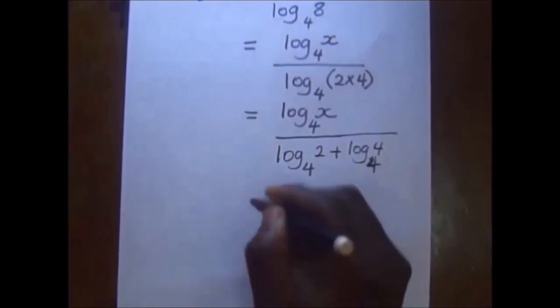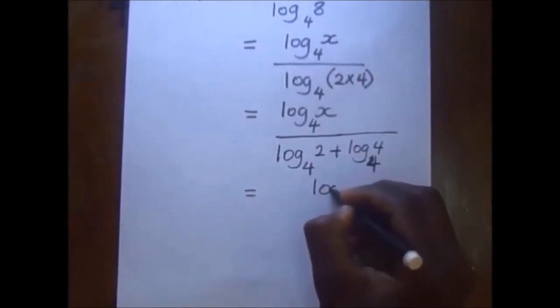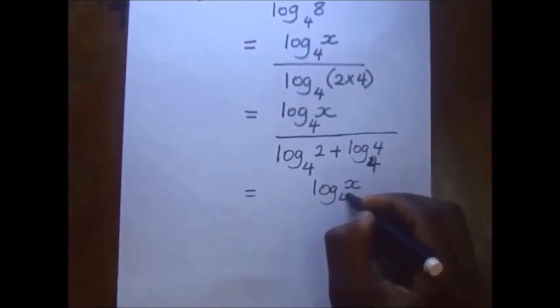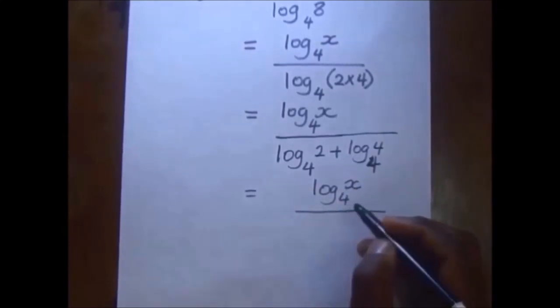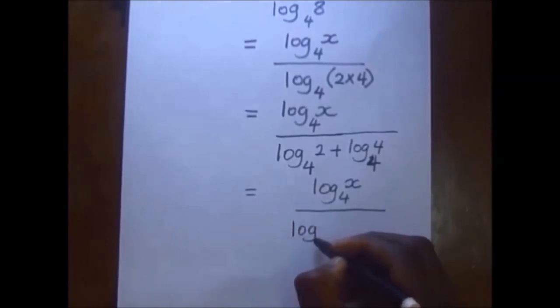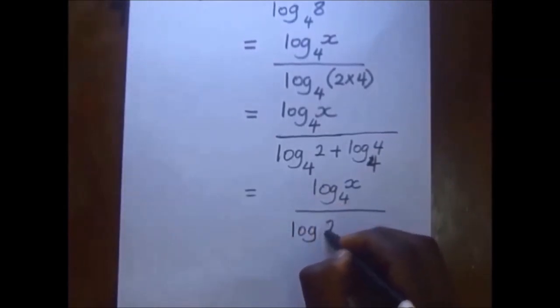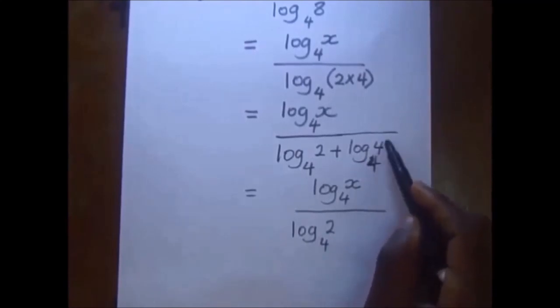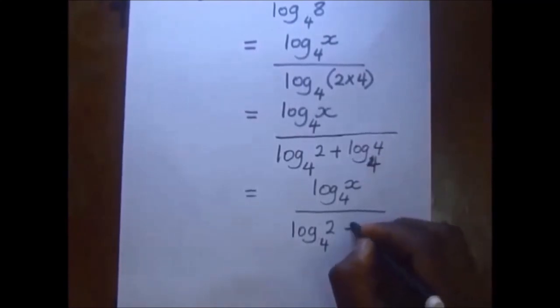So when we continue, this is going to be log of x base 4, divided by log base 4 of 2, plus log of 4 base 4. This is when the base and the number are the same. This is equal to 1, so it's going to be plus 1.